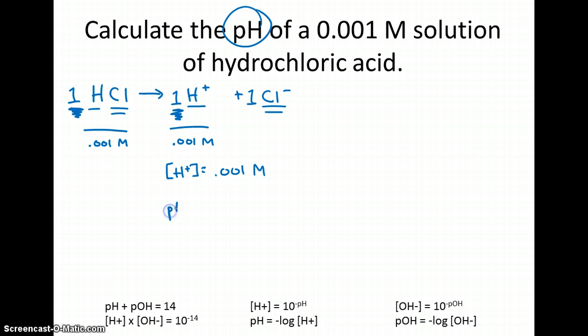Well, I know that pH equals the negative log of the concentration of H plus. I don't know if you're able to do logs in your head. I wouldn't bother doing that. Get your calculator out. Negative log of 0.001 equals 3. And that is our answer.